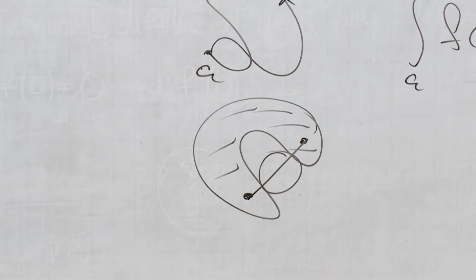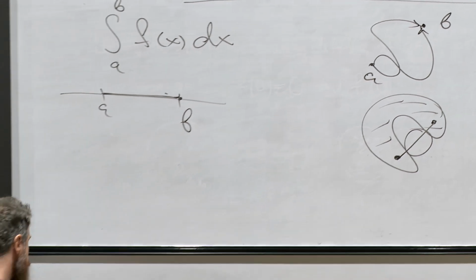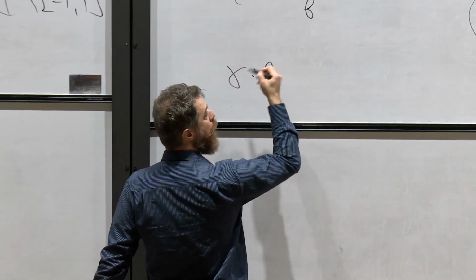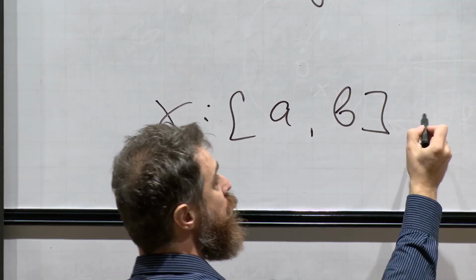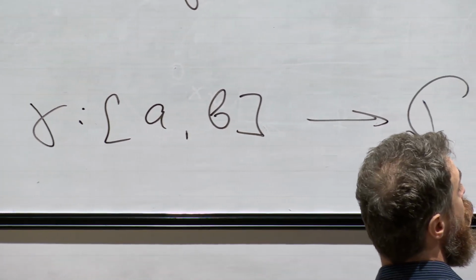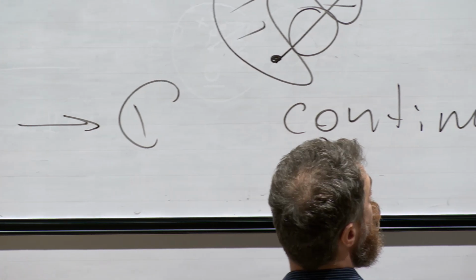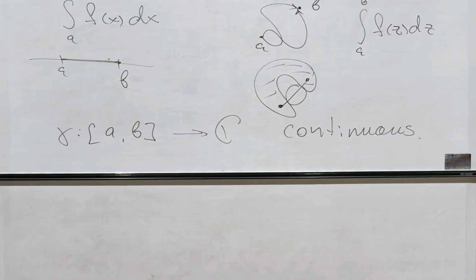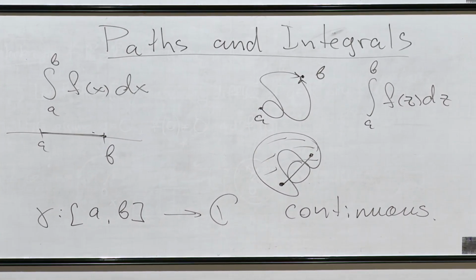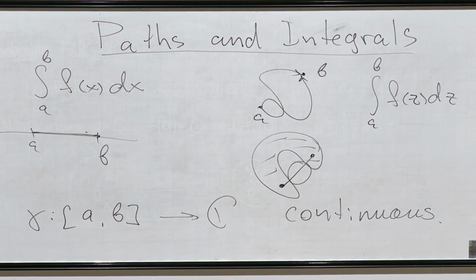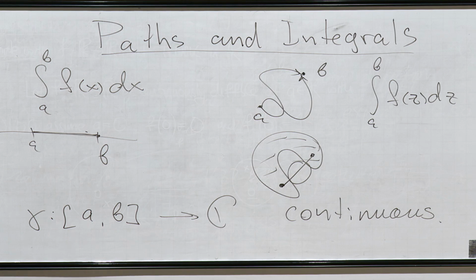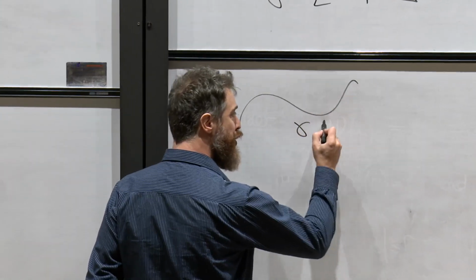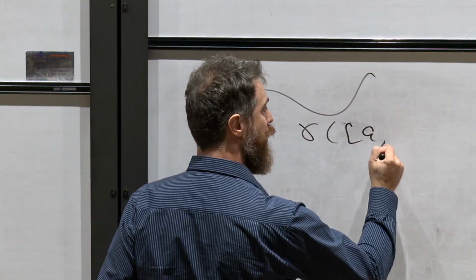So let me just briefly state a few definitions. When I say path or a curve, I mean a continuous function from some interval to C. But sometimes it's also useful to say that this thing is a curve or a path, but this is a geometric object, which is the image of our interval.